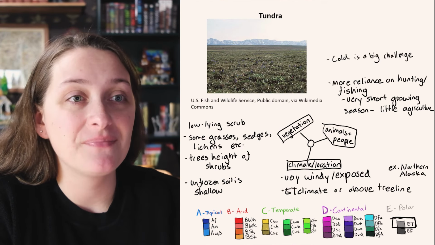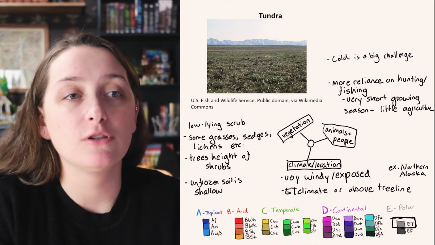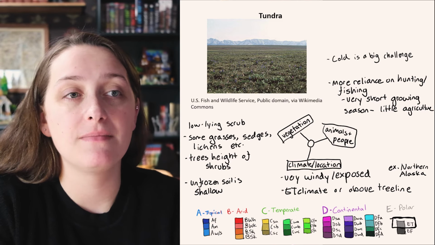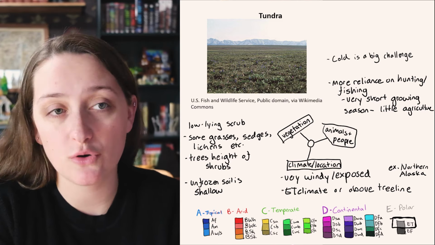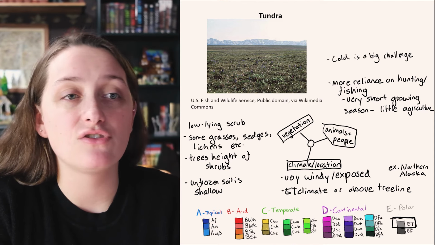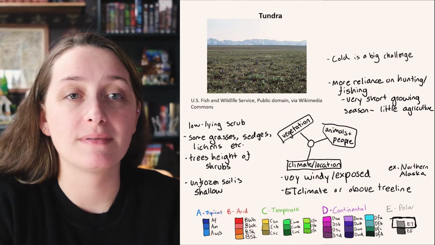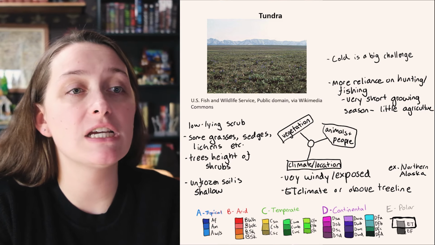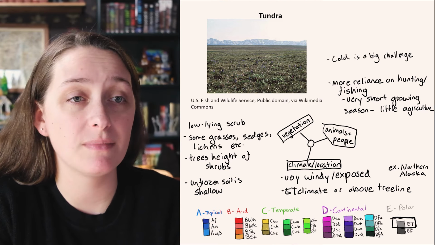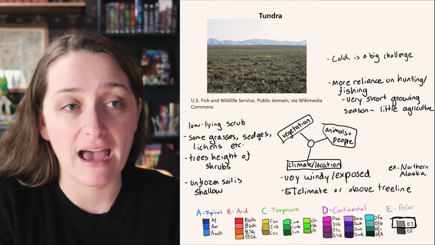Next is tundra. This is going to be low-lying small scrubs that can be continuous, discontinuous, or grouped. You will see occasional grasses, sedges, forbs, lichens, and trees, but the trees will only grow as tall as shrubs here, like willows and alders.